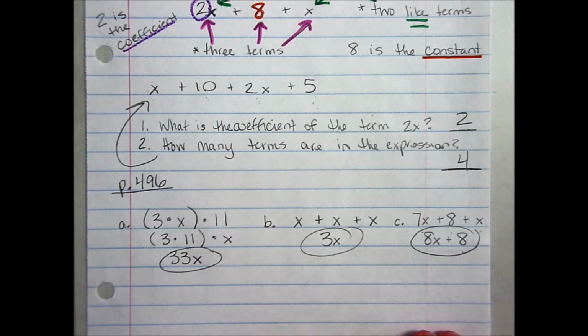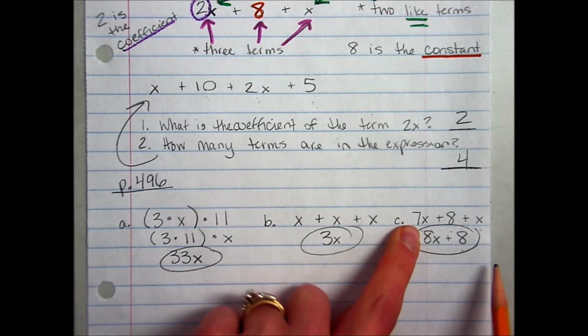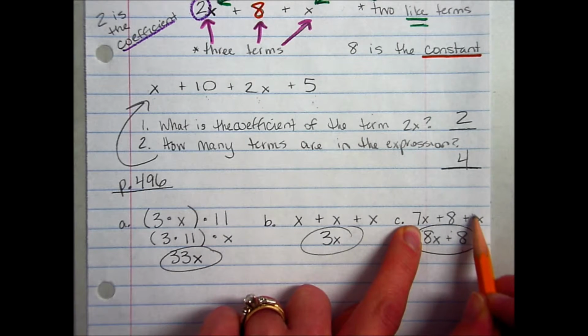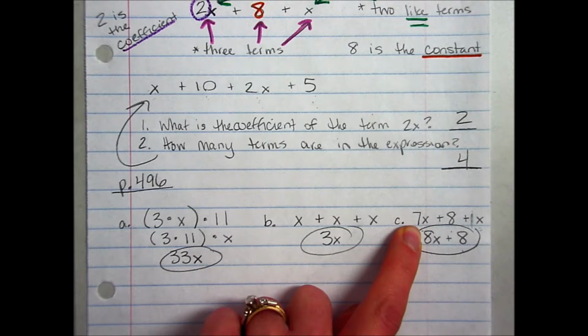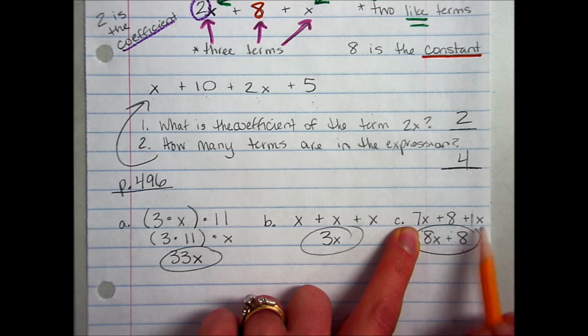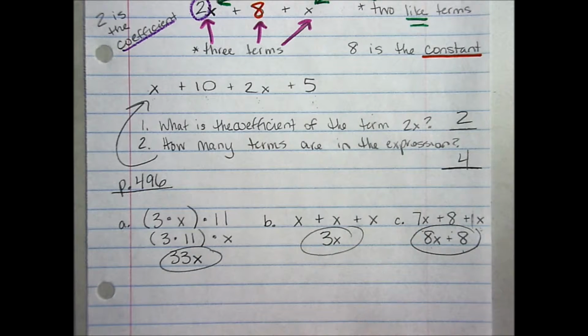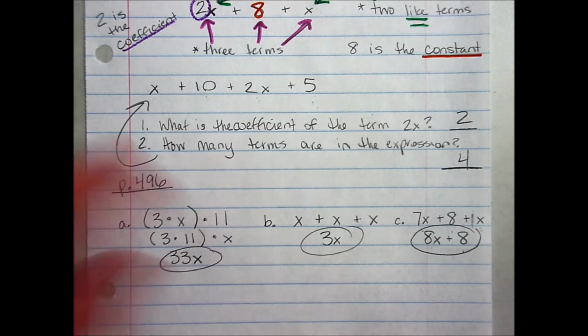What did you do with the 7? I combined this 7x with this 1x. Remember, just because the 1 isn't there, imagine it's a little ghosty sitting in there. So I added 7 plus 1 and got 8. Should we practice with some more of those or move on to the next example? Okay. All right.